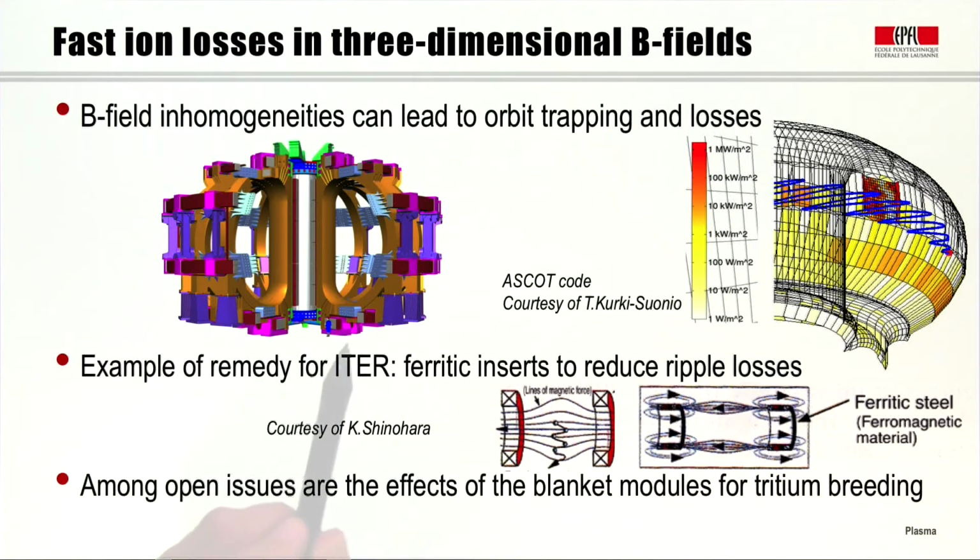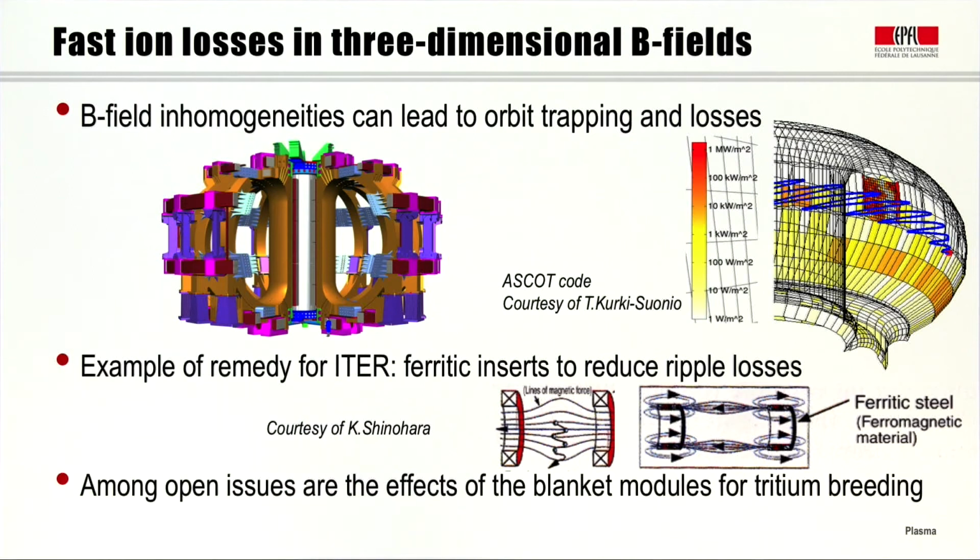These are the so-called ripple losses, because they are caused, once more, by the inhomogeneity of the magnetic field due to the finite number of coils, which can be simply called the ripple of the field felt by the fast particles in motion around the torus.